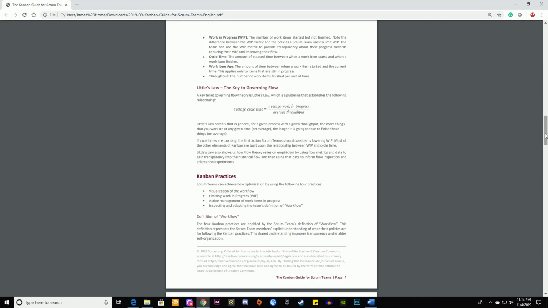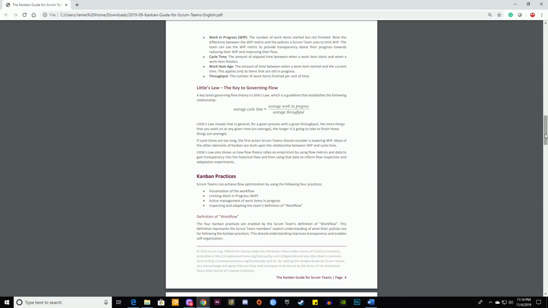Little's Law. The key to governing flow. A key tenet of governing flow theory is Little's Law, which is a guideline that establishes the following relationship. Average cycle time equals average work in progress divided by average throughput. Little's Law reveals that in general, for a given process with a given throughput, the more things that you work on at any given time, on average, the longer it is going to take to finish those things, on average.